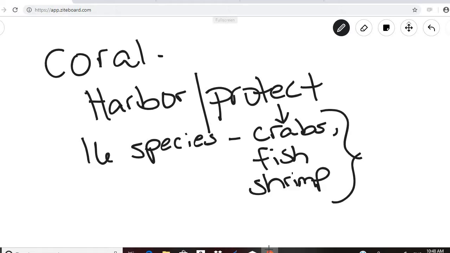So when we talk about mutualistic relationships, it doesn't have to be just relationships between two organisms. It can be a whole group of organisms, or within a certain ecosystem that you see a larger mutualistic relationship.